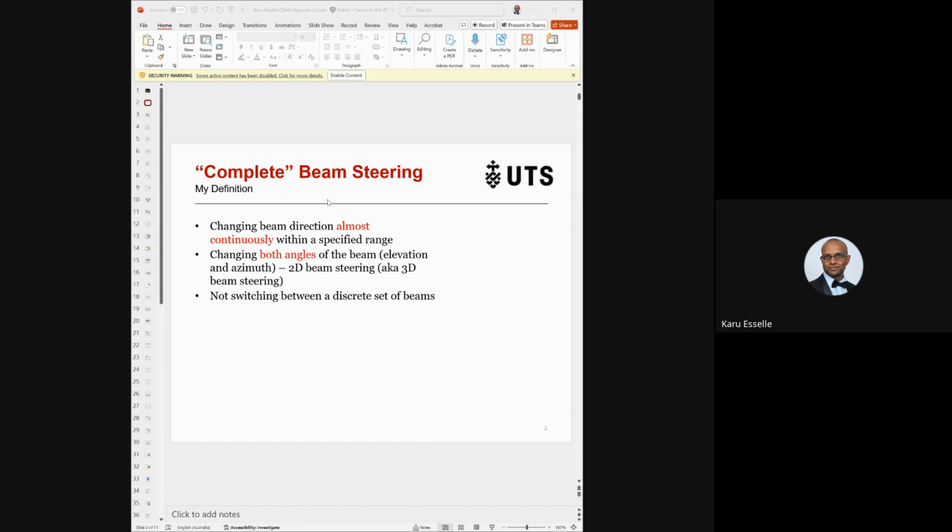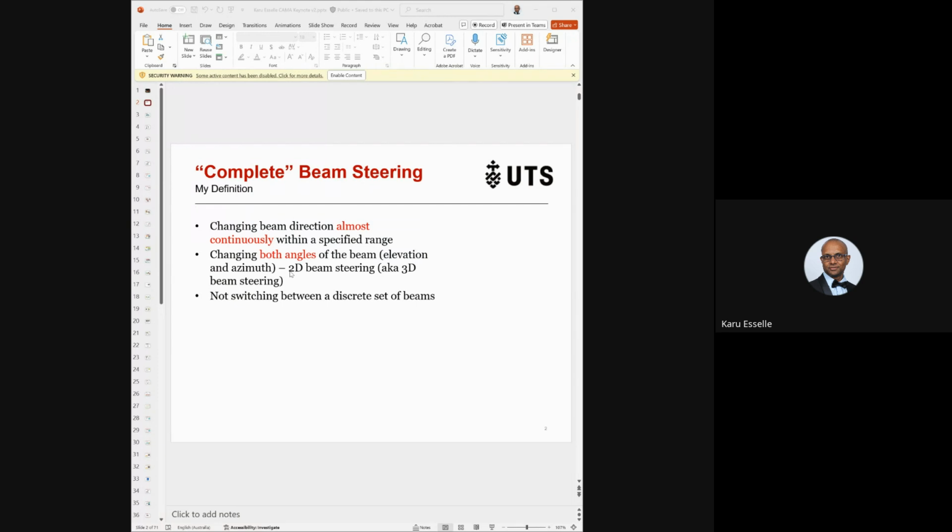So let me repeat. This is about complete beam steering, that is changing the beam direction almost continuously within a specified range. So it's not beam switching. It's not having a finite number of beams and switching between them. That's the difference. And change in both angles of the beam, elevation angle and azimuth angle, or sometimes called zenith angle and azimuth angle.